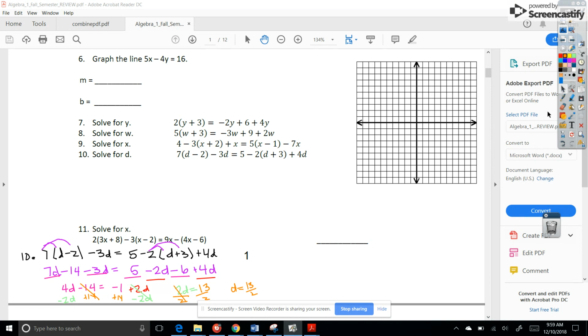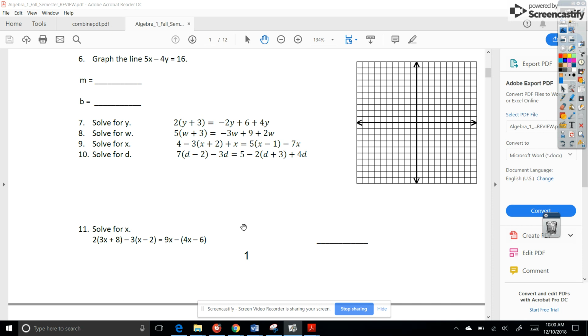Okay, number 11. Solving for x. So this one is pretty much what we were doing on these other ones. Okay, so let me erase that and just start number 11 over here too. So I'm going to distribute.